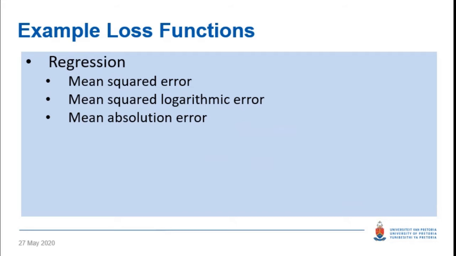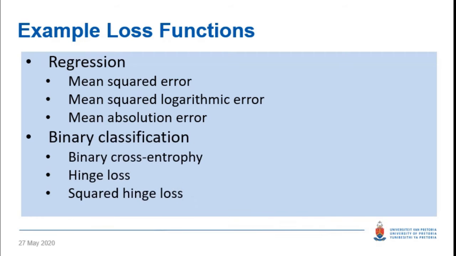So if you look at regression, the typical loss functions that are used are things like mean squared error, mean squared logarithmic error, mean absolute error. The mean squared error is the most popular error that's used. Binary classification: binary cross entropy, hinge loss, squared hinge loss.